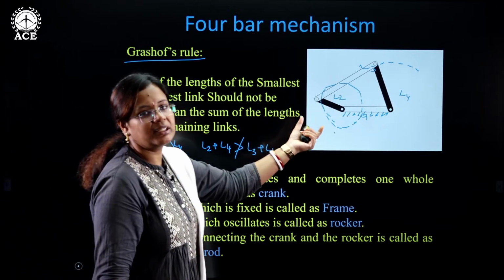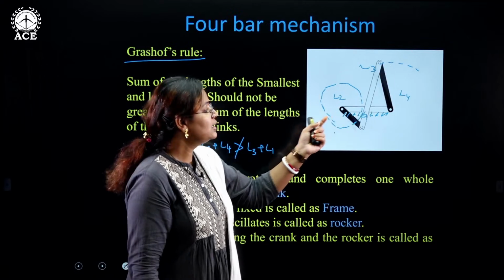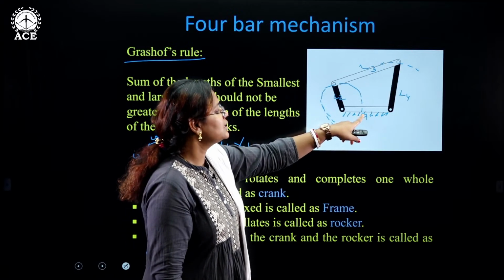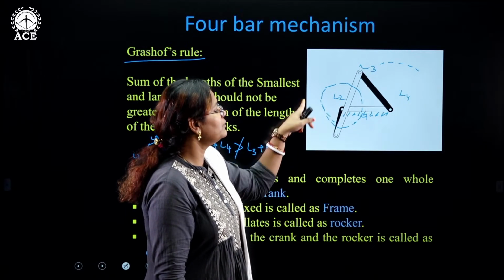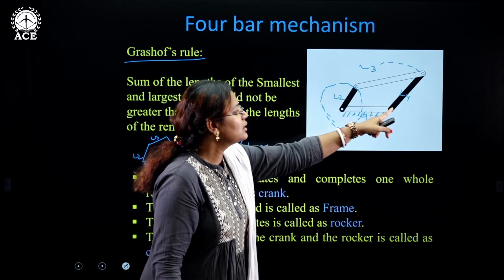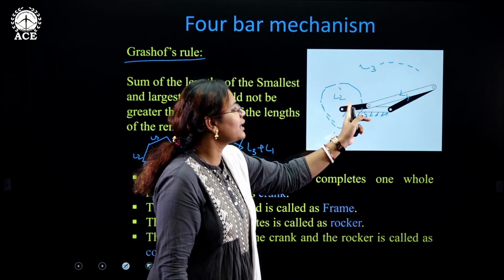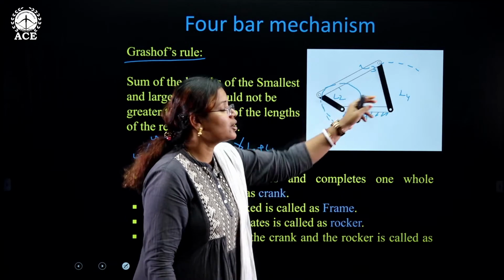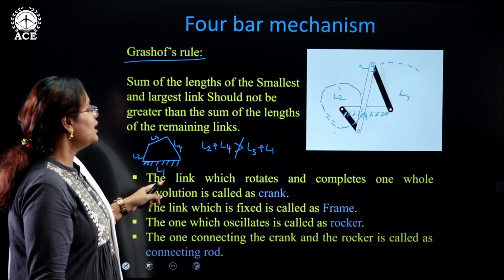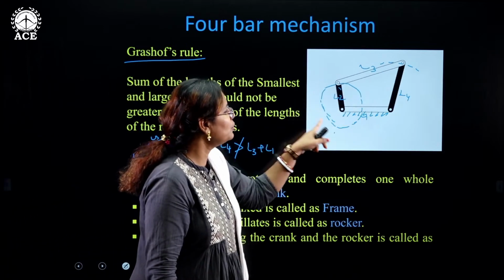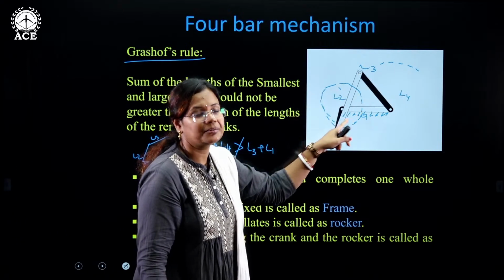Now we have a nomenclature following these different kinds of links. So I told you the one which is fixed, the one which is completing one whole revolution, the other one is just oscillating, and the one which is connecting the crank and the rocker. So we say that the one which is completing one whole revolution is the crank.